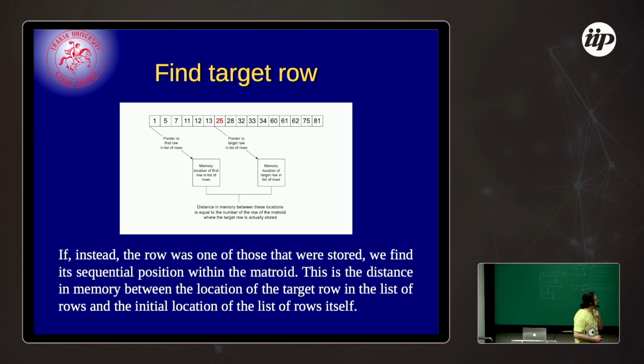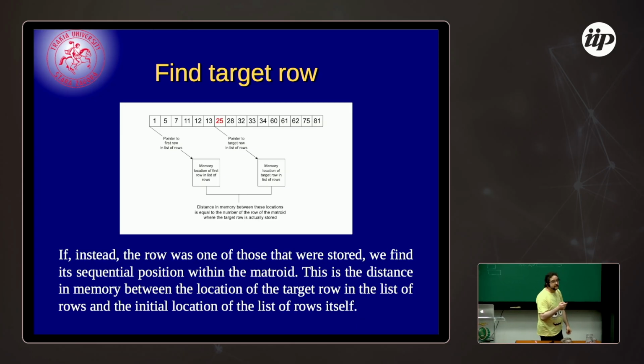What I'm saying is this. Suppose that this is the list of rows that we have stored. And say the target row here is the one in red, 25. So this is row number 1. This location of memory will be a pointer to this first row in the list of rows.